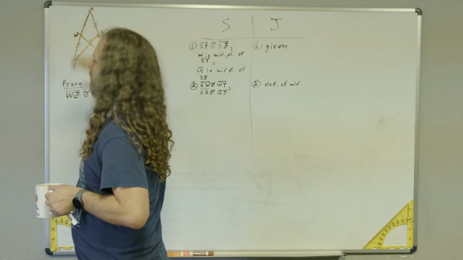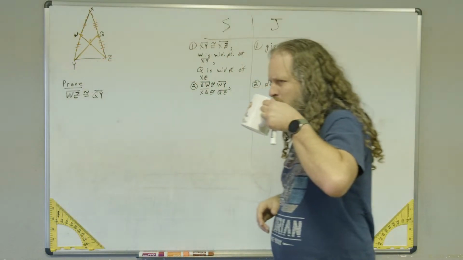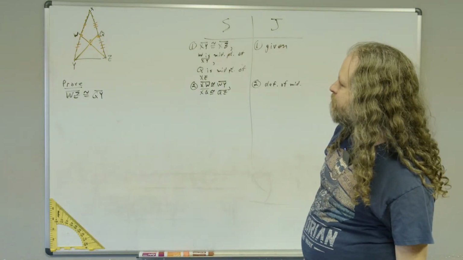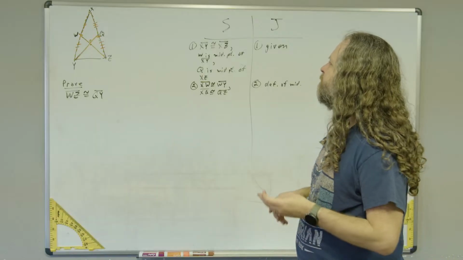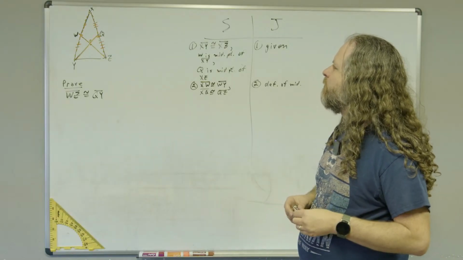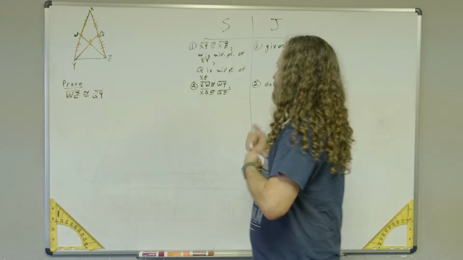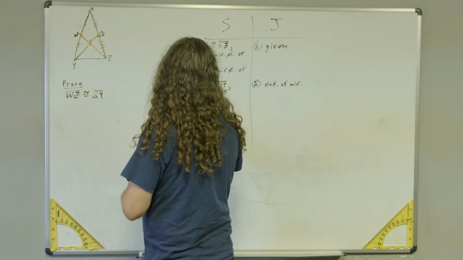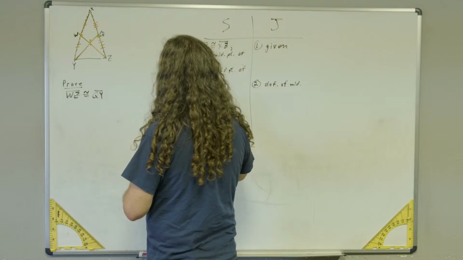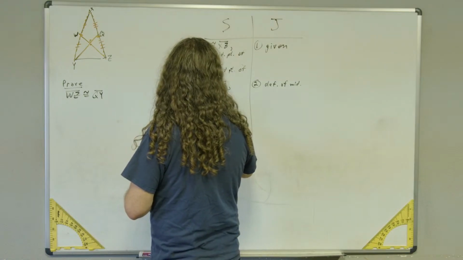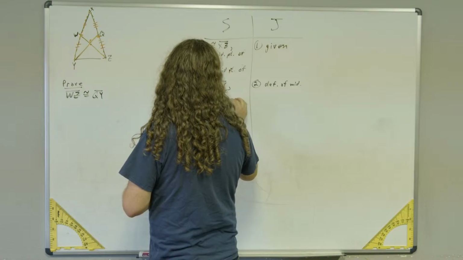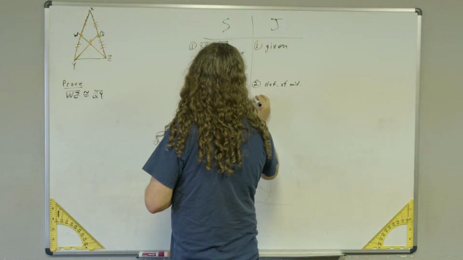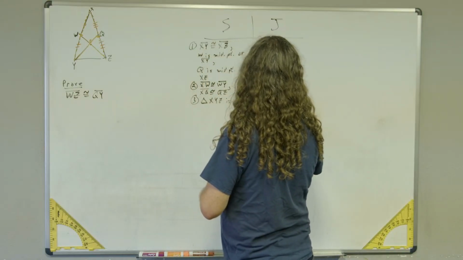So if two sides are congruent, then it's isosceles, right? So we could say triangle XYZ is isosceles because of the definition of isosceles.